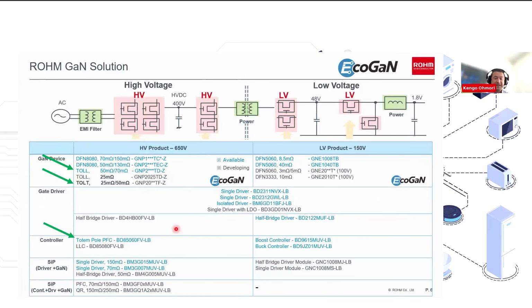As you can see here, ROHM is currently offering not only a GaN device, but also related IC products. This is how we are trying to differentiate from other suppliers. If you look at, for example, supplier A, they only offer GaN device, right? But we propose a total solution, right?